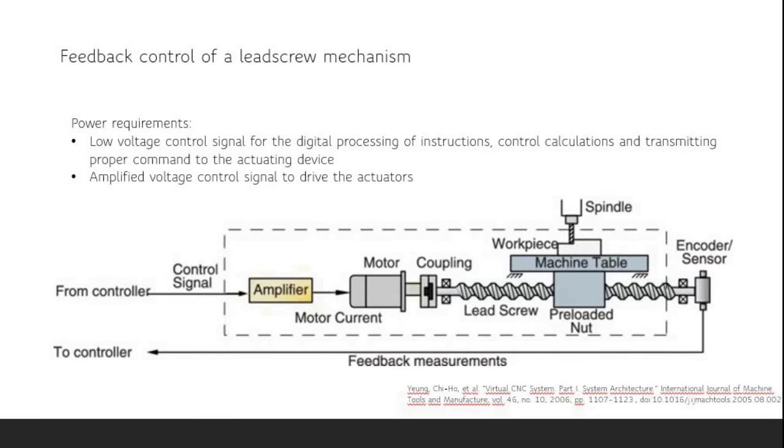If we take a look at the machining processes that utilize a lead screw mechanism to guide the machining table, power is needed for the controller unit to read instructions, make control calculations, and execute instructions at the actuator. So you need low power or low voltage control signal, and also amplified voltage control signal to drive the actuators.